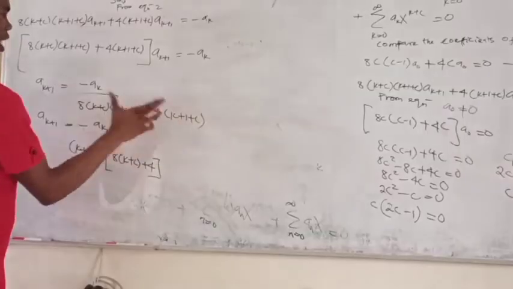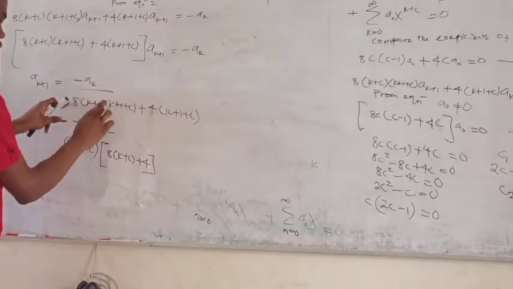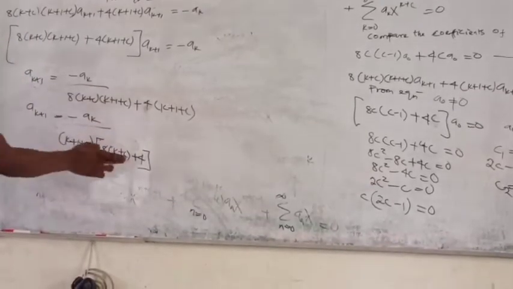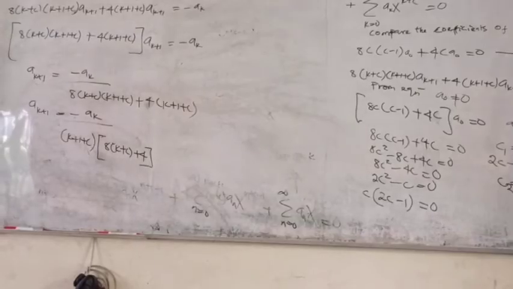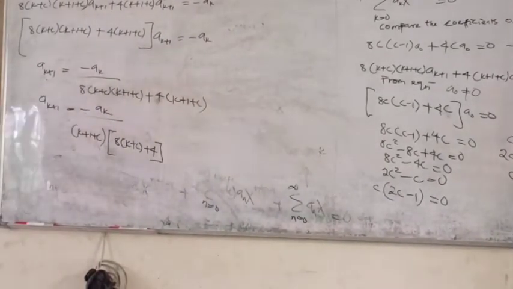Since two of them are like that, I'll pick one, and of course I'll add what is outside of the bracket. So this is the value of a subscript k plus 1.